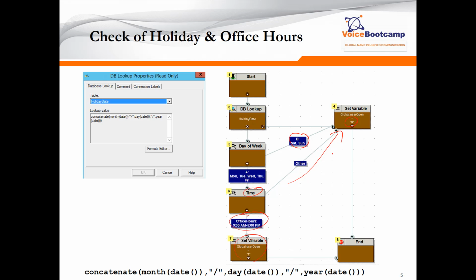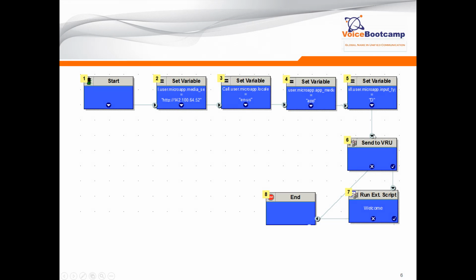Now this is the administrative script, which will continue to run every 1 minute. Then we start our own routing script with the variables that we need to set for our CVP. This is the IP address of your media server. This is the language folder. This is a subfolder where my audio prompts are located.